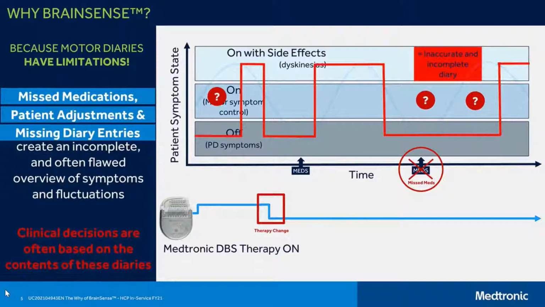Clinical decisions regarding medication or stimulation adjustments must be made on in-clinic observations, given the suspect accuracy of these diaries, and also on what the patient is capable of reporting to you directly. So you can see the red line in the graph is what you may think or infer from an incomplete motor diary versus what may have actually occurred.